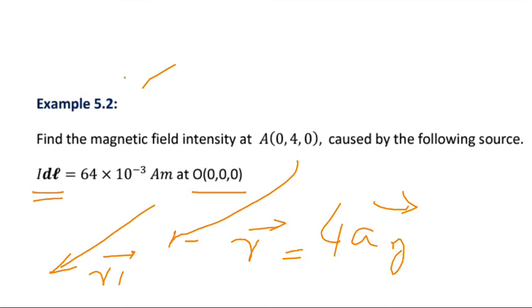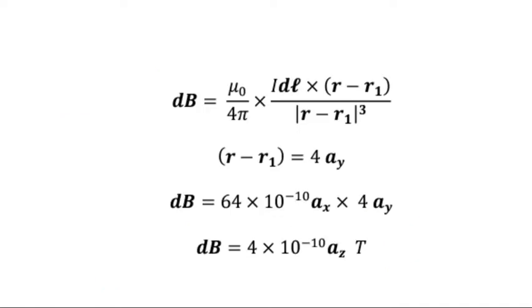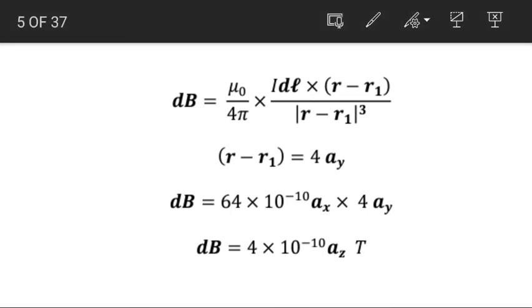Anyhow, as we have considered a very small portion of the current carrying conductor, the differential magnetic flux density will be equal to mu naught by 4 pi into I dL cross R minus R1 divided by the magnitude of R minus R1 raised to power 3.